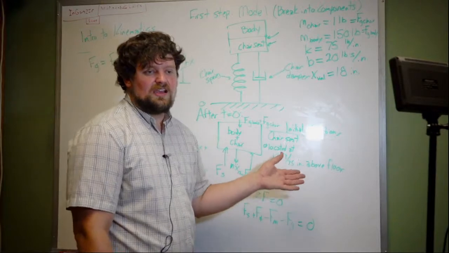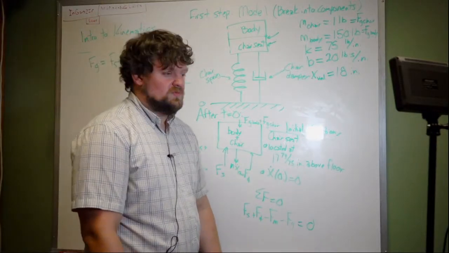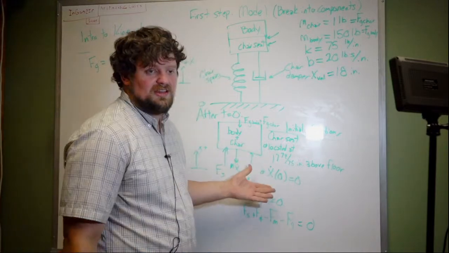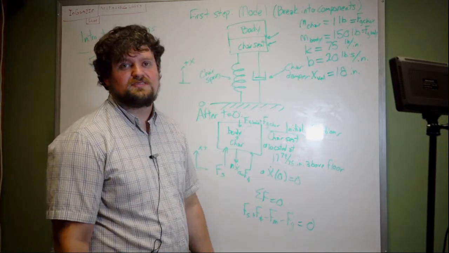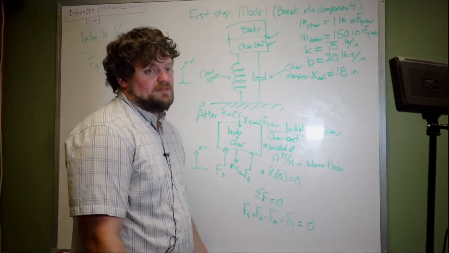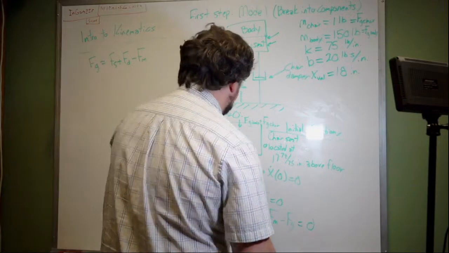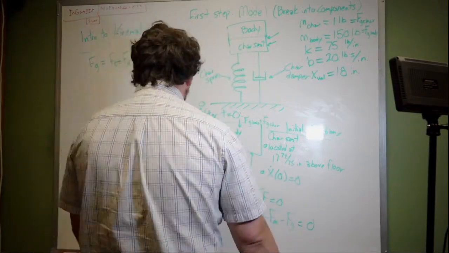So this is already kind of an extreme situation, because we could have another force in here that represents the force of the legs upward. But I'm not doing that because it makes the problem slightly harder. We'll talk about that later.